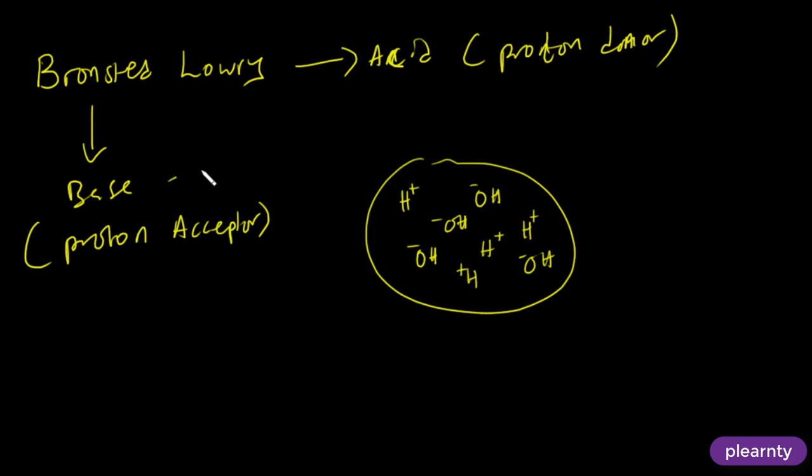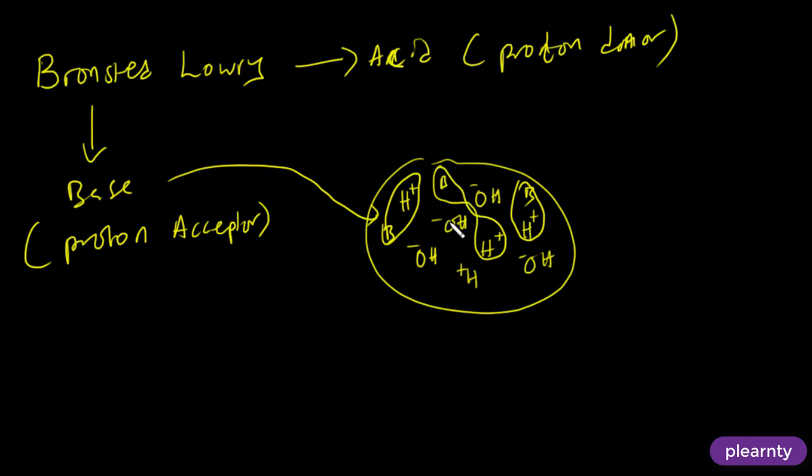But when a base is added to the same solution, we are going to have a proton acceptor. Let's just denote it with this. At the end of the day, what this proton acceptor does is that it attaches to the proton. So we find out that more protons are not free, and what we now have is more hydroxide ion.